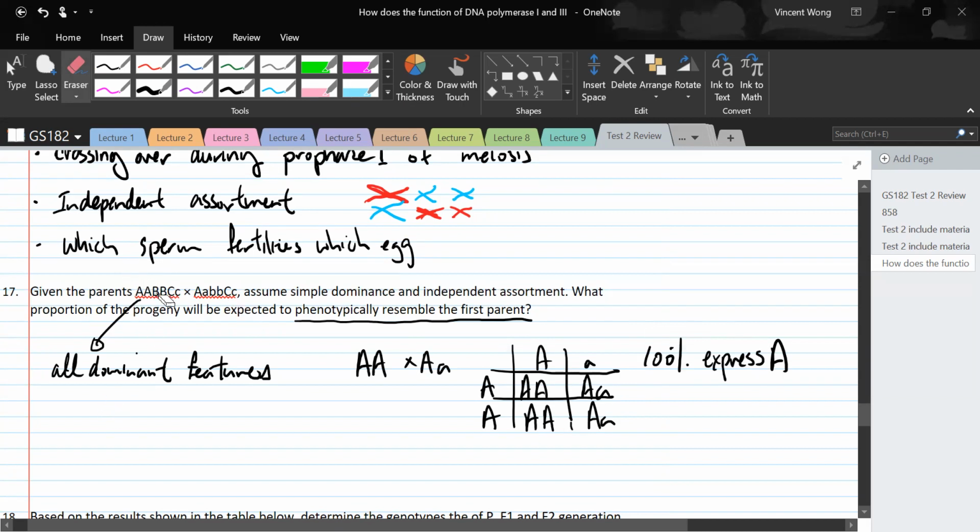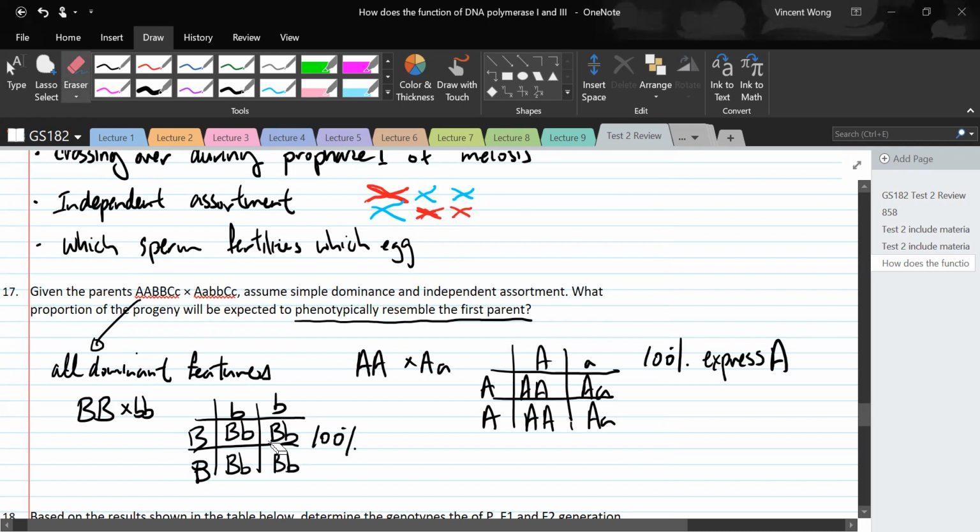Let's take a look at gene B. Gene B is big B cross small b, small b. If we do the Punnett square, big B cross small b, once again, 100% will be heterozygous and 100% will express big B. So as far as trait B goes, everybody will look like the first parent.